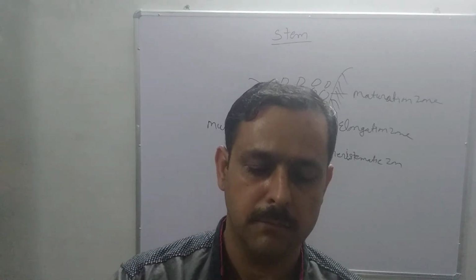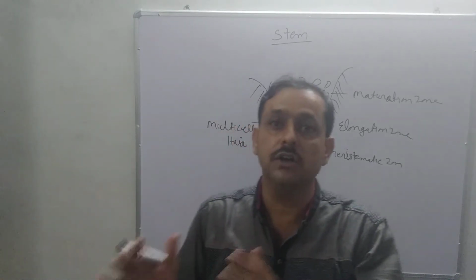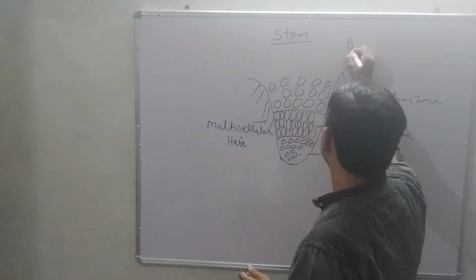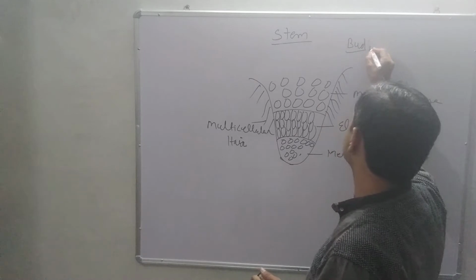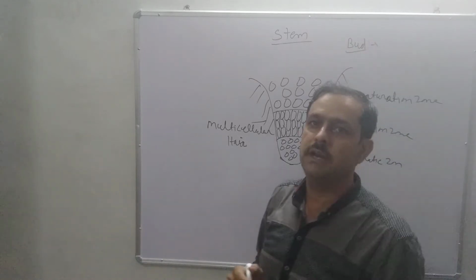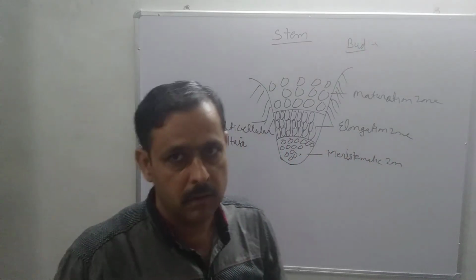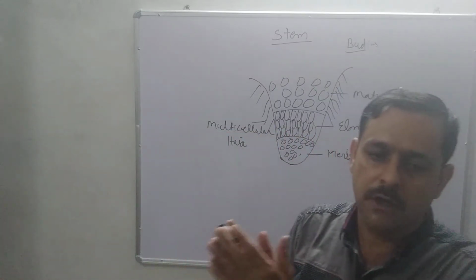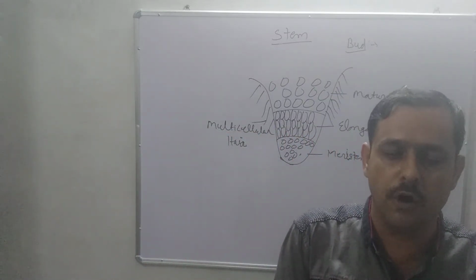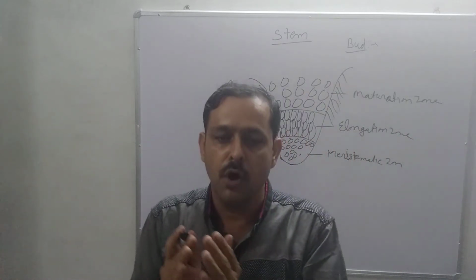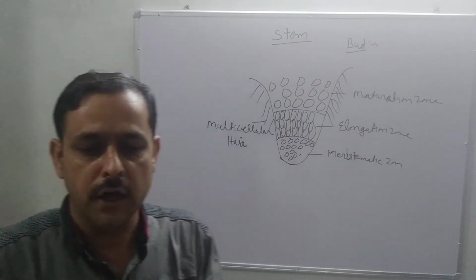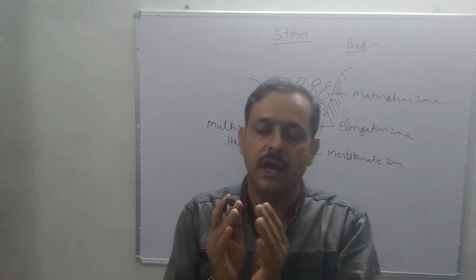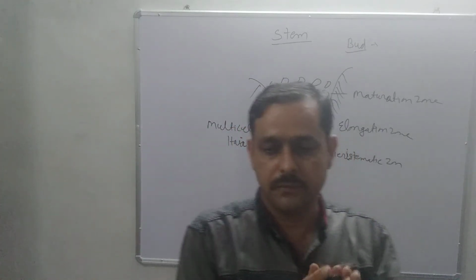And buds are also present on the stem. What is a bud? Bud is a compact young shoot. You have to remember the definition of bud. Buds are present on the stem as well as on the root, but mostly in stems. Bud is a compact young shoot, consisting of a short stem overlapped by crowded immature leaves which surround the growing point.